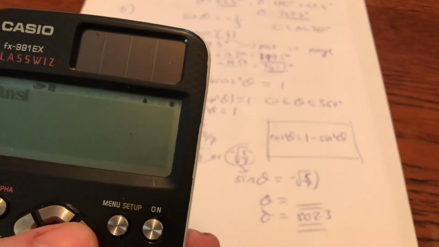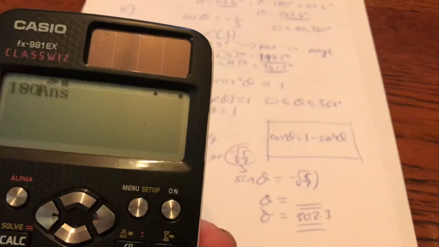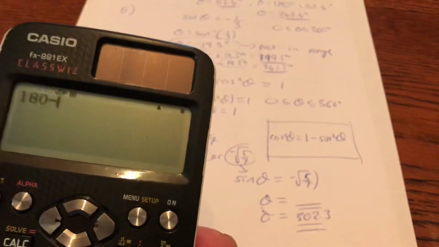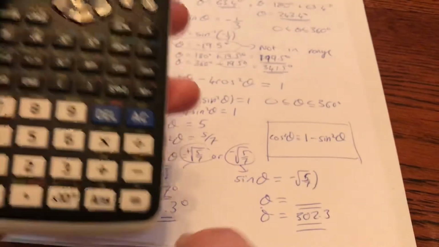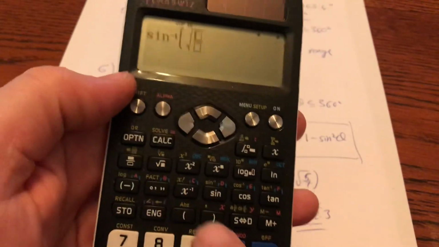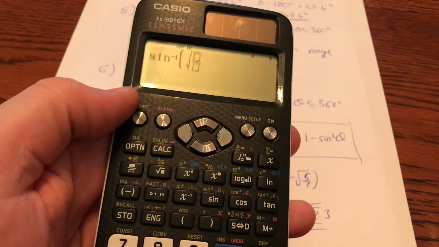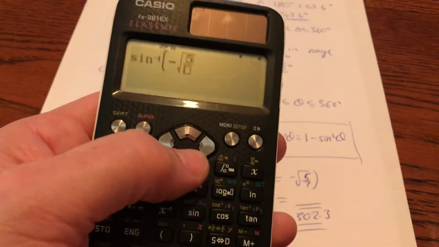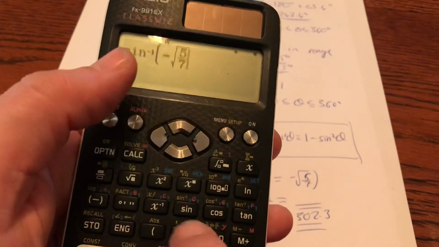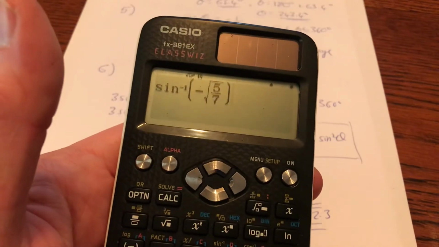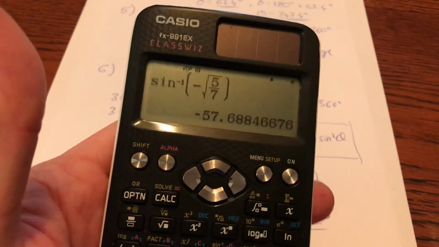But also 180, take away that negative answer. Oh, just have to get that back. So shift sine, should be negative, sorry, negative of root 5/7. Sorry, this is a long video. It's nearly as long as the Irishman.